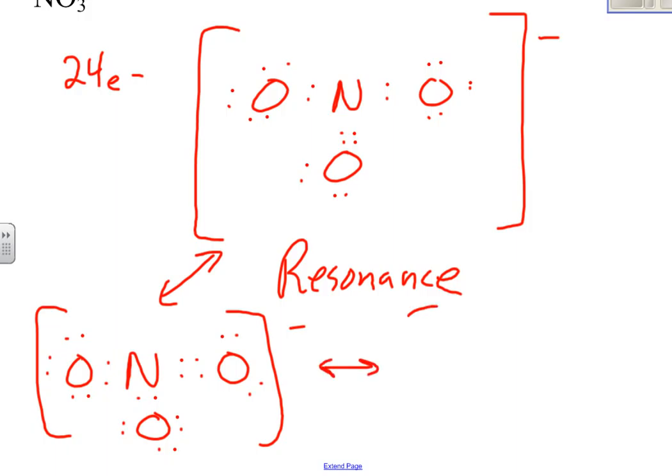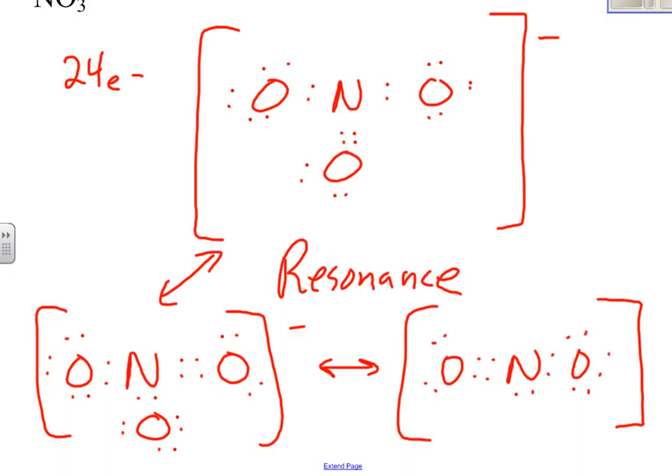Okay, and each resonance structure is separated by a double arrow. And so you can see that it takes 3 pictures to really describe this well. Right? So what we're showing is that double bond.